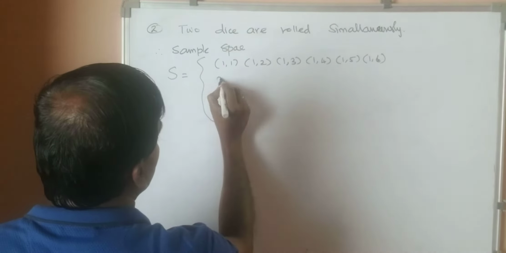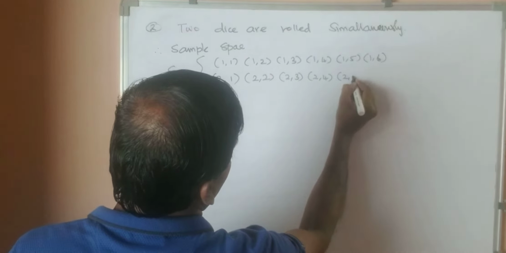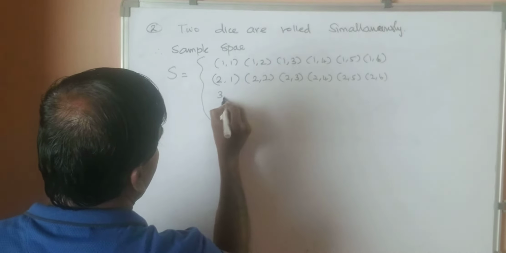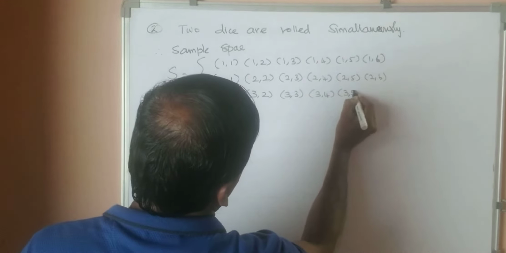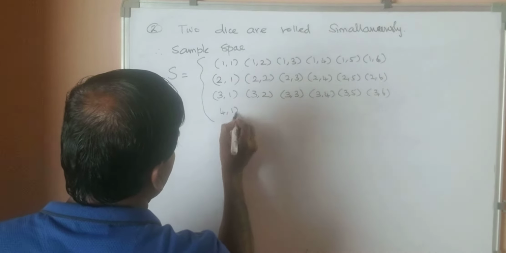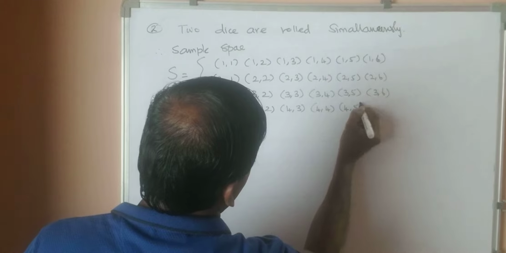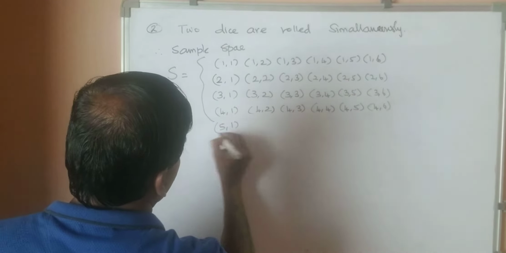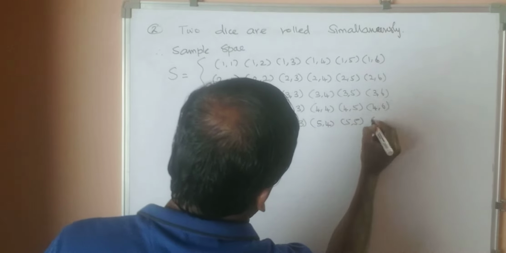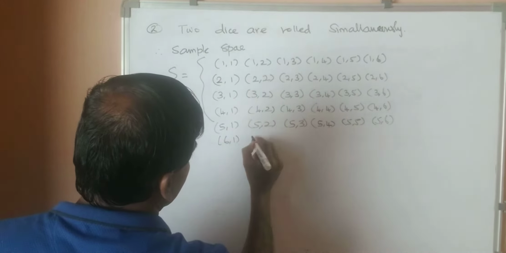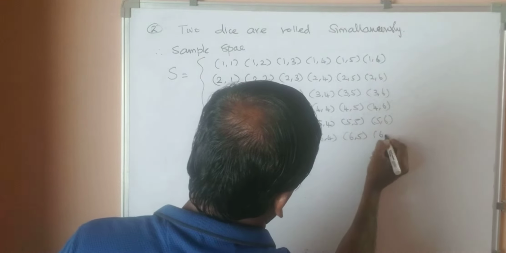Or you may get (2,1), (2,2), (2,3), (2,4), (2,5), (2,6), (3,1), (3,2), (3,3), (3,4), (3,5), (3,6), (4,1), (4,2), (4,3), (4,4), (4,5), (4,6), (5,1), (5,2), (5,3), (5,4), (5,5), (5,6), (6,1), (6,2), (6,3), (6,4), (6,5), (6,6).